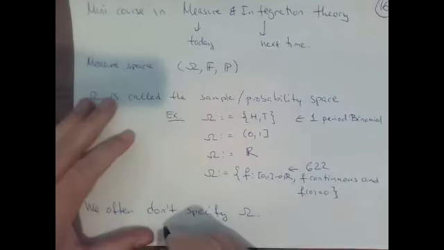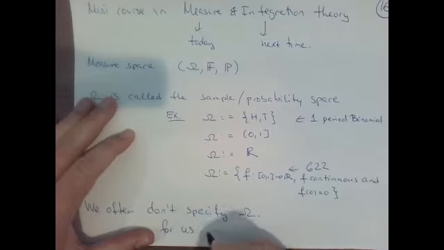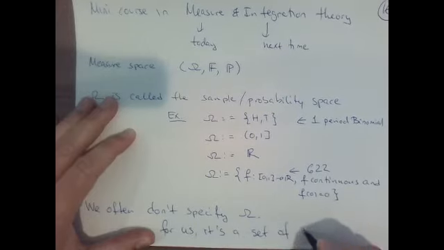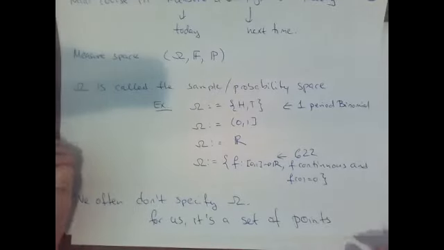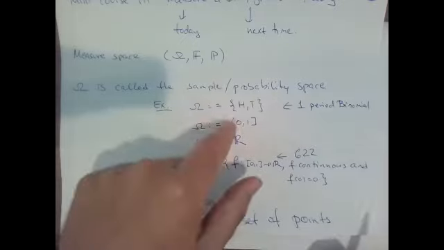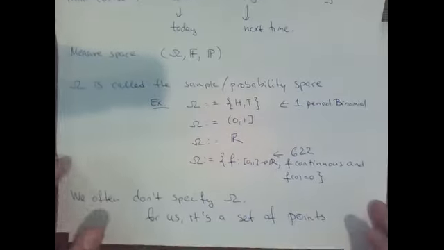For us, it's just a set of points, and these points could be functions, they could be vectors, they could be points in R, or they could be H and T, one of the two. That was the first entry.